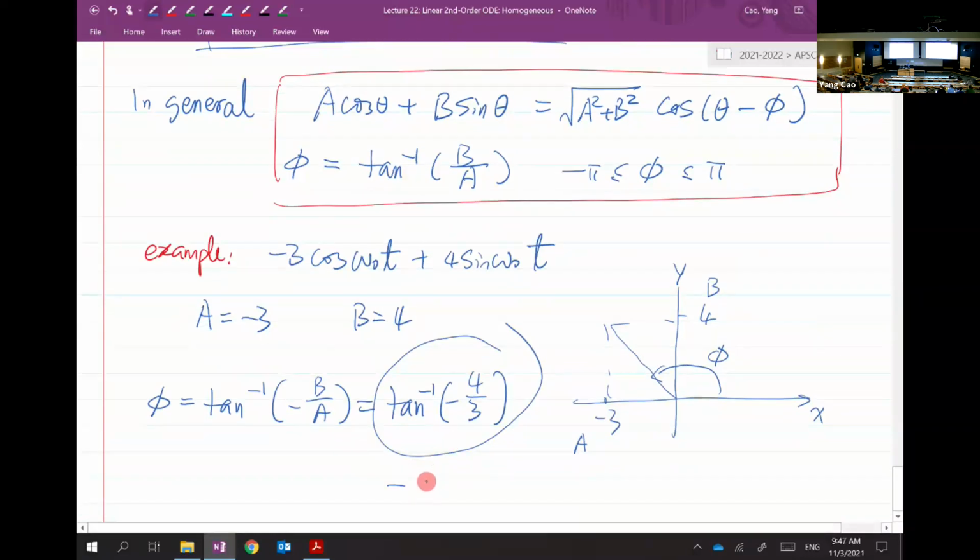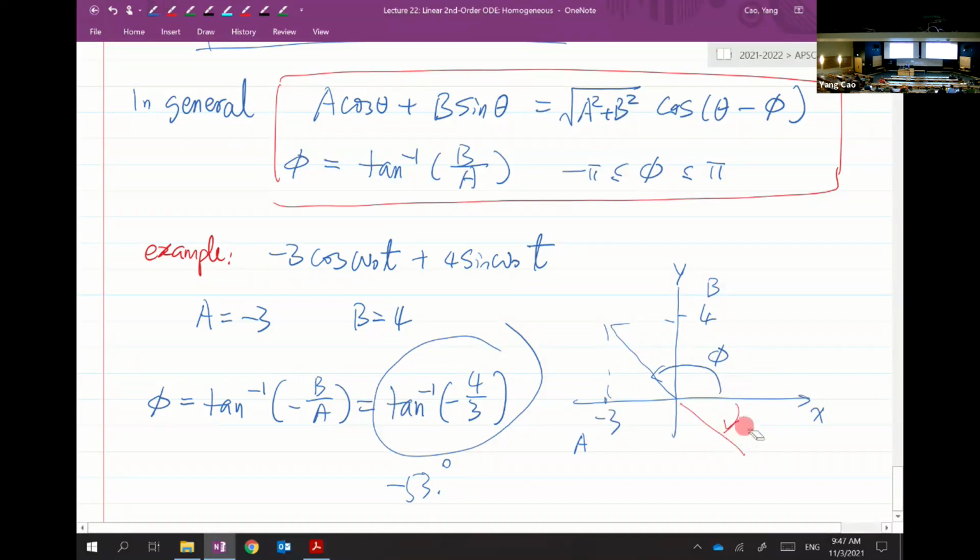Excellent. You get -53 degrees. Your calculator will actually give you -53 degrees, which is wrong. The reason is, as you can clearly see, my phi angle should be something over 100 degrees. The calculator doesn't know where the vector is located. It basically gives you the angle from here to here.